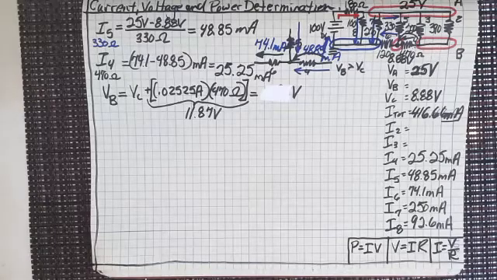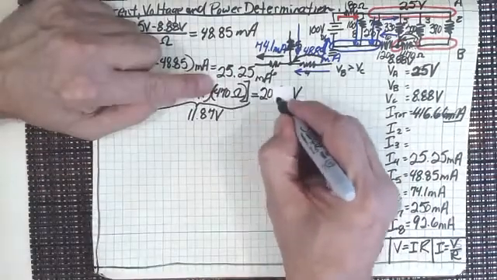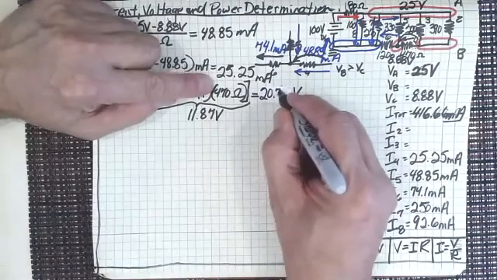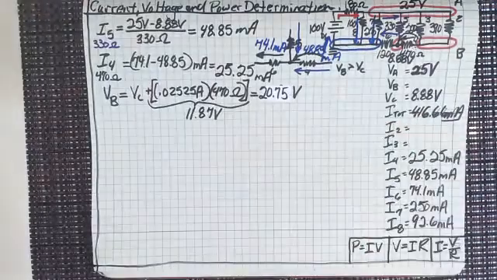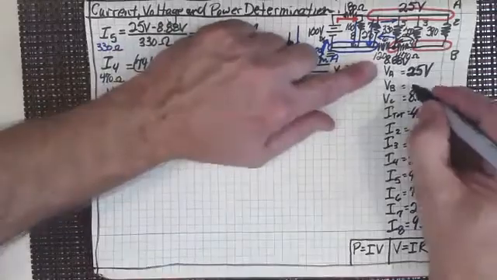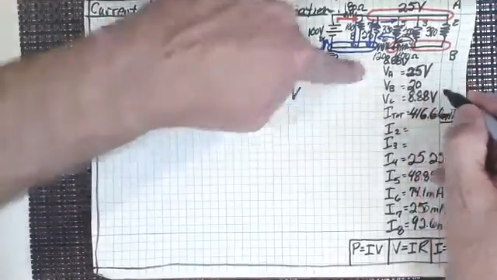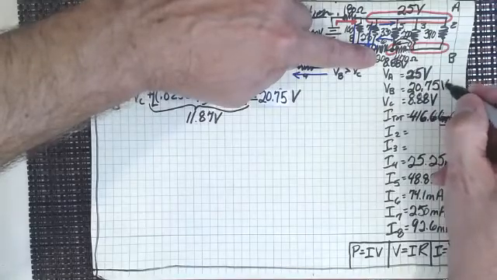Well, if we add those two together, I get 20.75 volts. That's what my voltage at B should be. So let's put that in there. 20.75 volts.